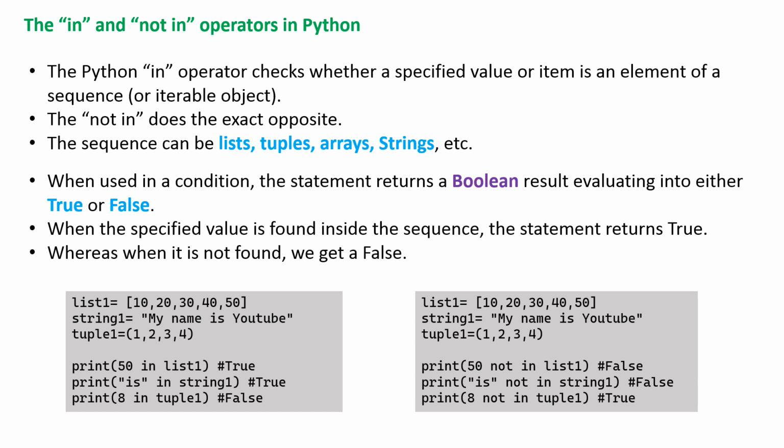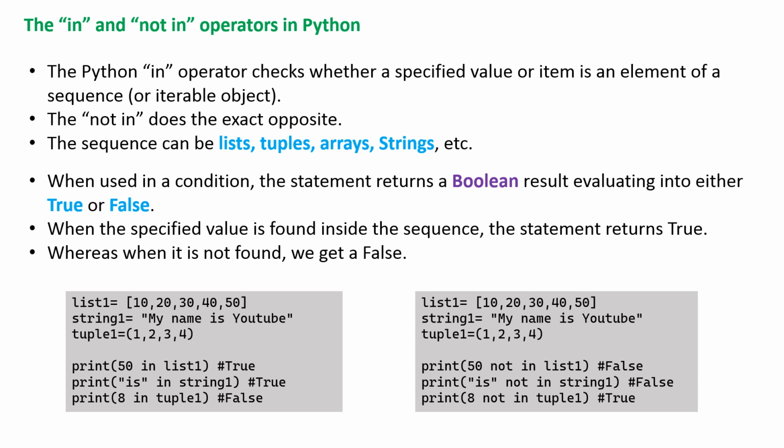If that value is not found, then it returns false. The not in operator does the exact opposite. This means it checks for absence of a value. The in operator checks for presence of a value, but the not in operator checks for absence of a value.